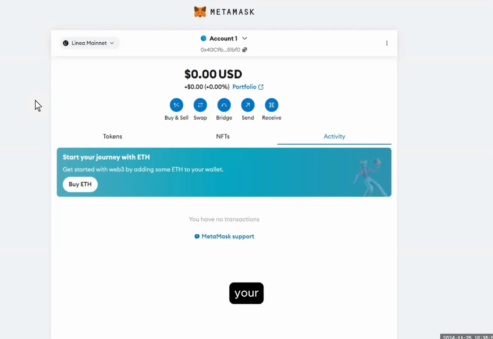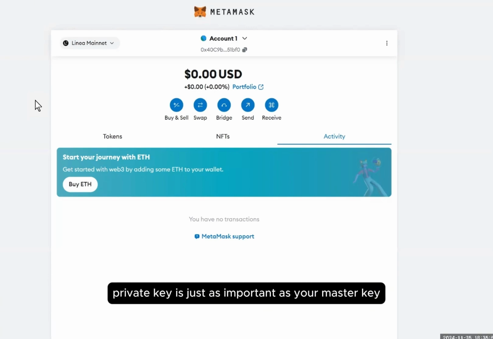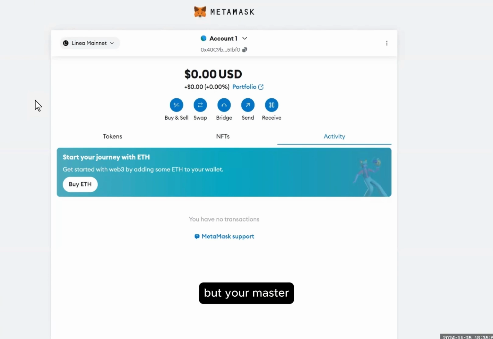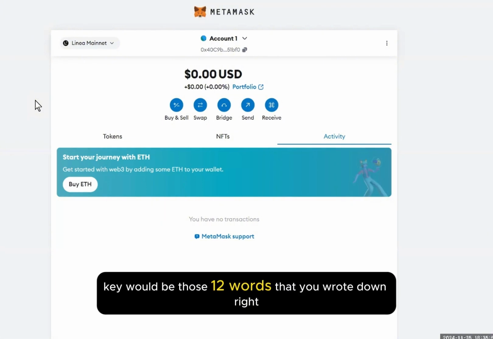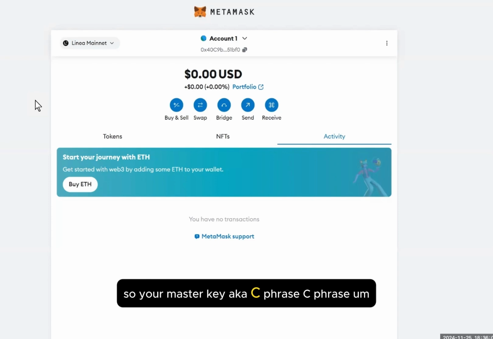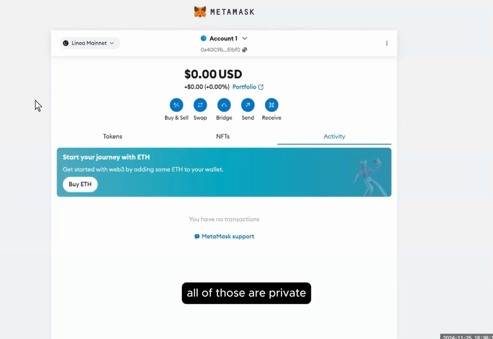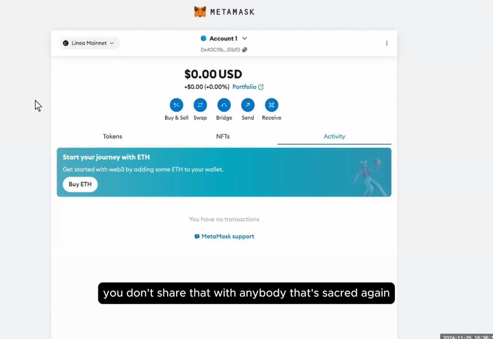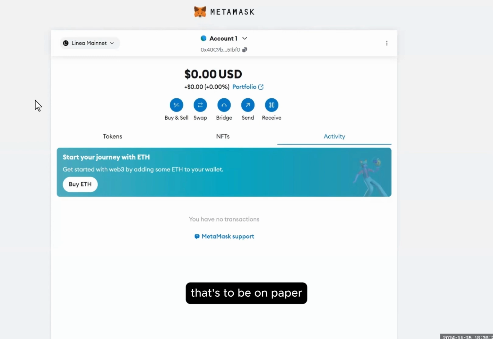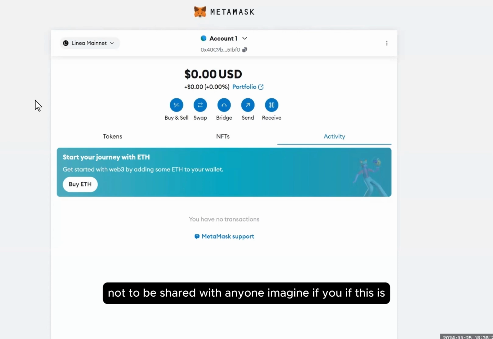And to be clear, your private key is just as important as your master key, but your master key would be those 12 words that you wrote down, right? So your master key, aka seed phrase, also known as passphrase or secret recovery phrase, because it does have different names depending on the software that you use. All of those are private. You don't share that with anybody. That's sacred. Again, that's to be on paper, not to be shared with anyone.